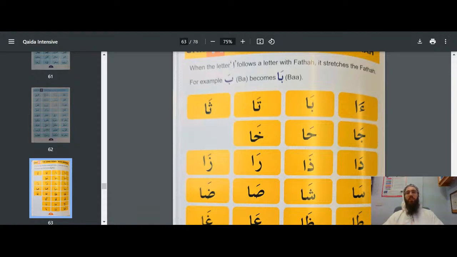Whenever you have an alif after a fatha, it is extending the sound. So ba becomes ba, right?